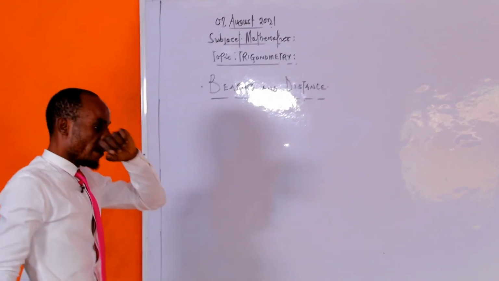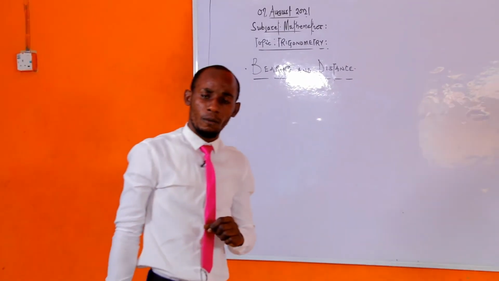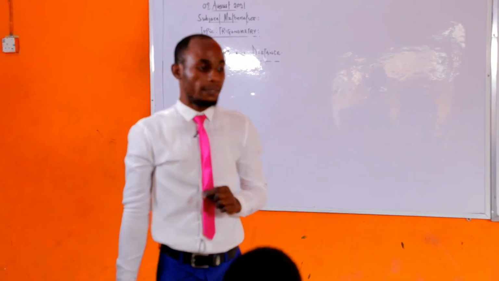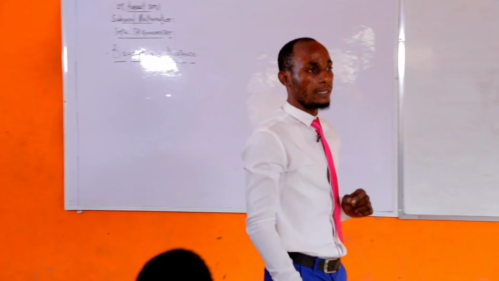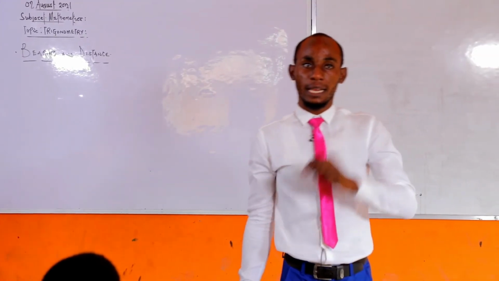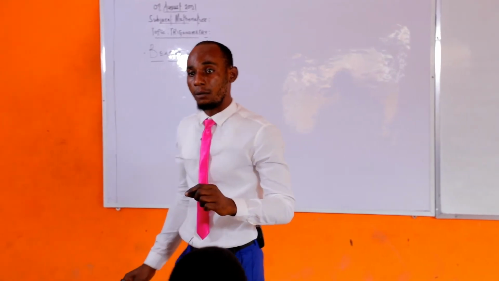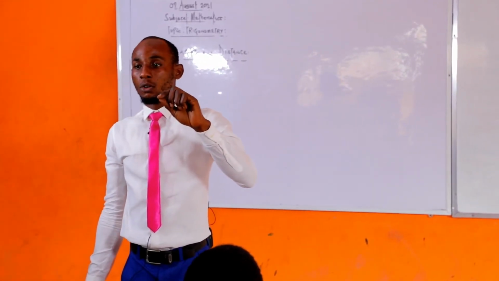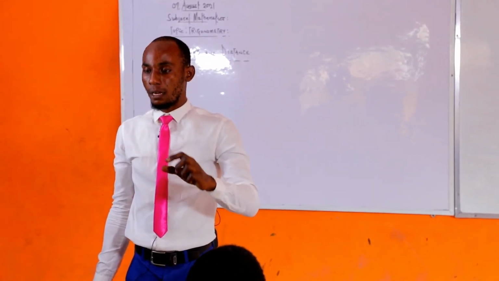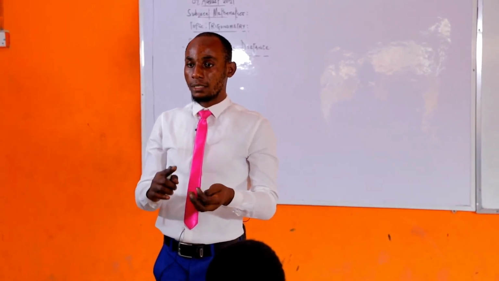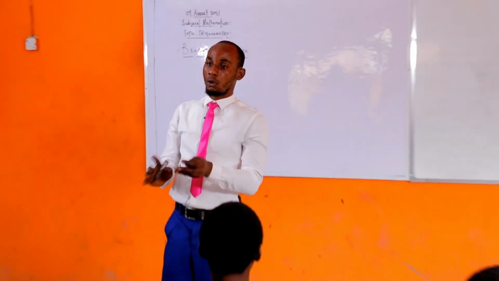Okay. You know, if I should remind you that in our last class, or is it the class before the last class, I talk about the, what is it called? The quadrants of angle. You know, I explained the first quadrant, the second quadrant, the third and the fourth quadrant.